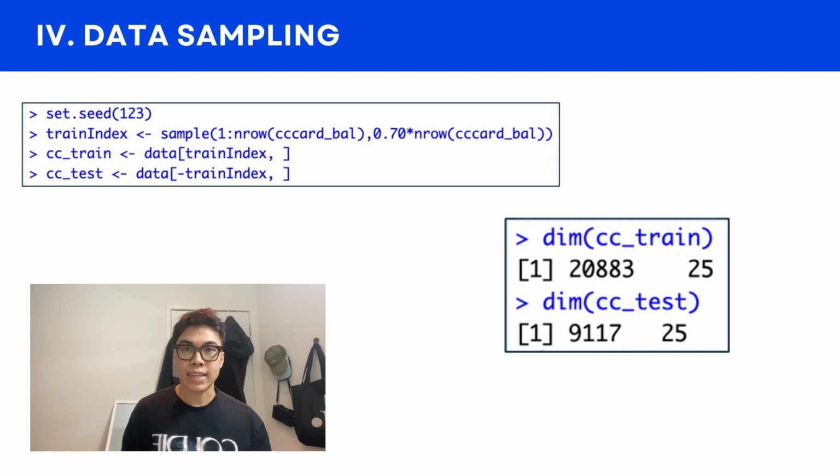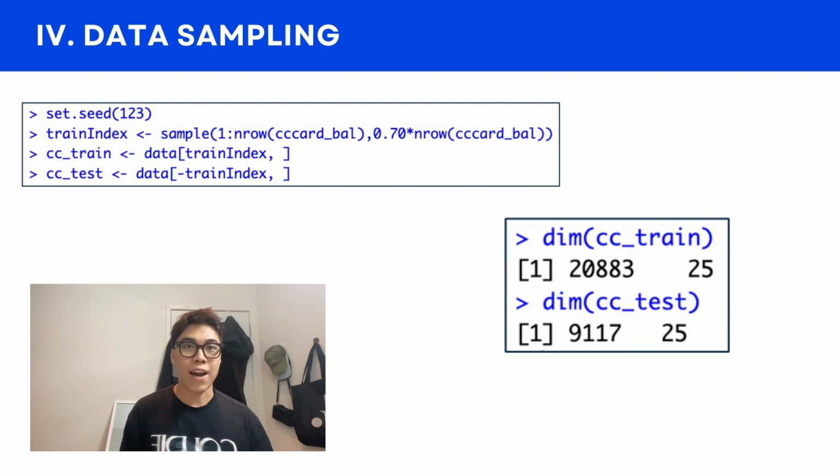The training dataset is CC train, and the testing dataset is CC test. We chose a 70-30 ratio between the training data and the testing data, which means 70% of the data will be used for training and the other 30% will be used for testing and predicting.